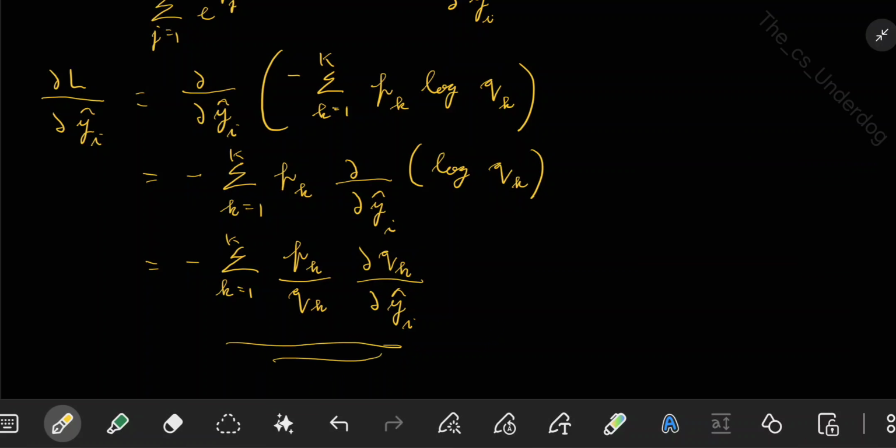One is this is the gradient of KL divergence loss, that is the sum over all the terms from k equal to 1 to K, that is through all the classes, pk by qk into del by del yi cap of qk. This is the gradient of KL divergence loss. I'm going to do a bit more of solving this in order to take it to a good looking form.